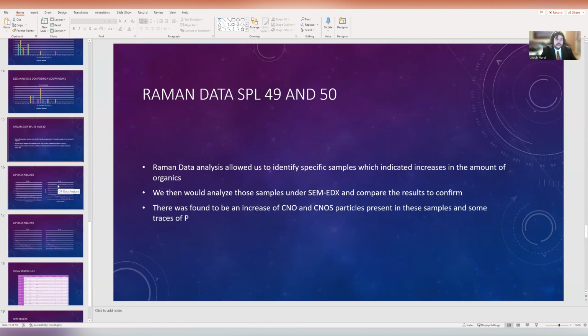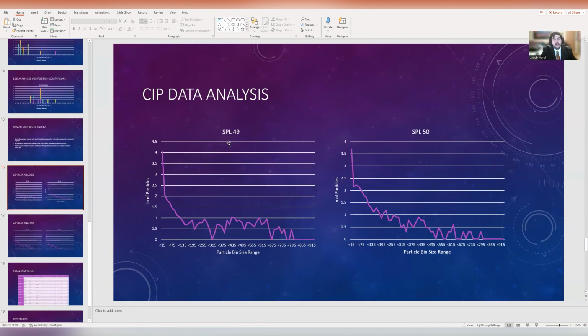So now I'm going to go down to the CIP data analysis here. For our CIP data, I was talking earlier about these upper range size particles. What we can tell from this is this was probably inside a cloud in a storm period, which I think confirms what our person on site noticed and wrote down as their observation of weather.